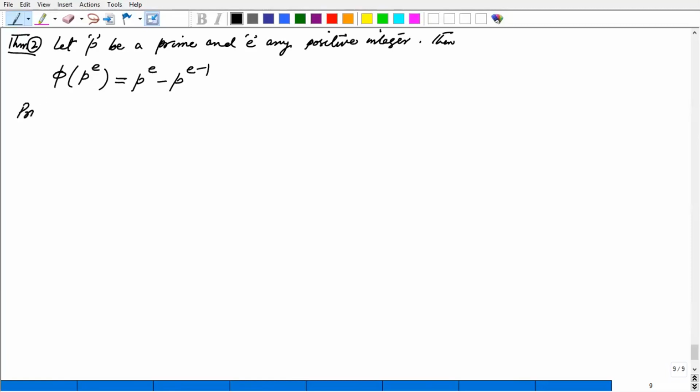Proof. So what is phi of P to the power E?